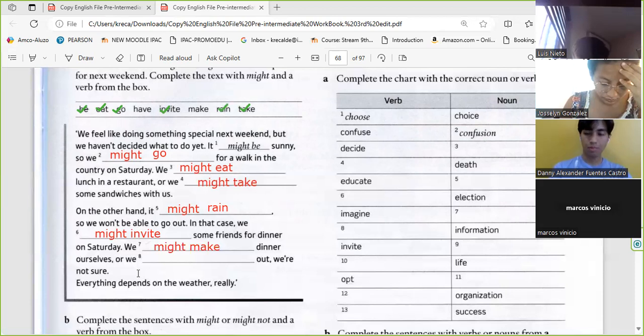Okay, we might make dinner ourselves. Or we might go out. The last one is we might go out. Okay. Let's continue. Very good, my love.